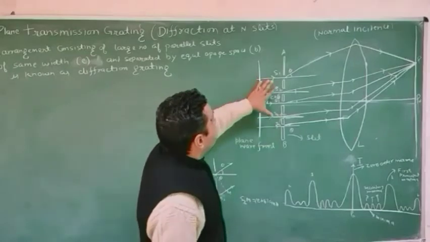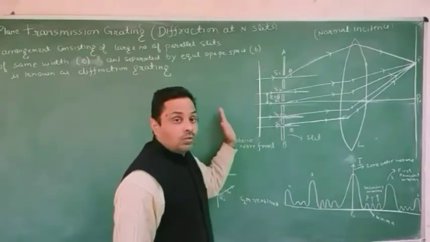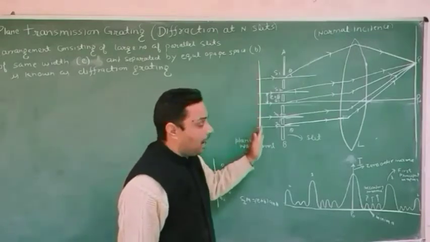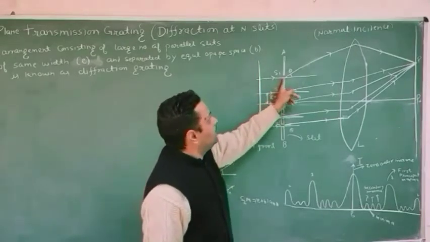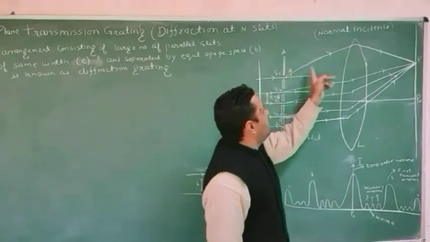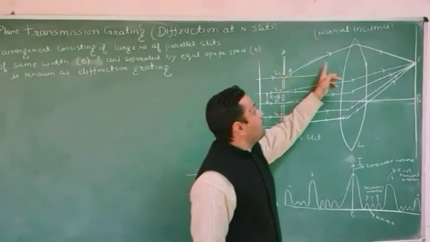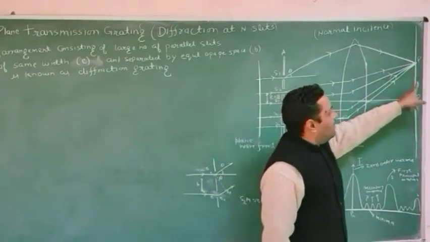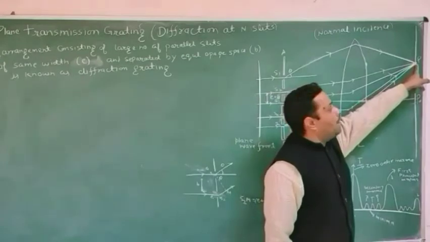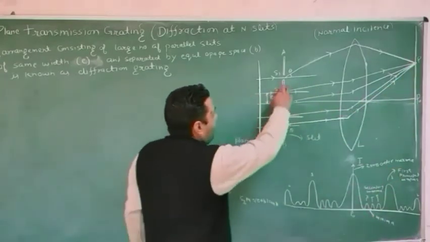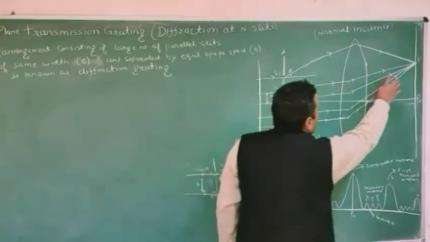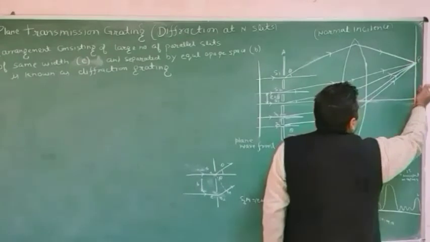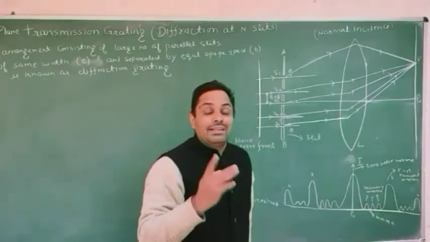Now this is the plane wavefront from the source. The light is coming from the source as a plane wavefront, and the light is diffracted from these slits, focused through the lens and falls at the point P. So in every slit there will be diffraction of the rays, producing maxima and minima at the screen.